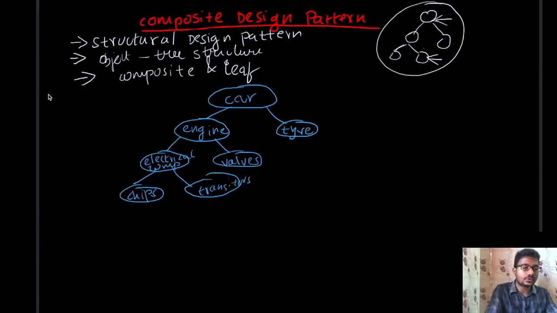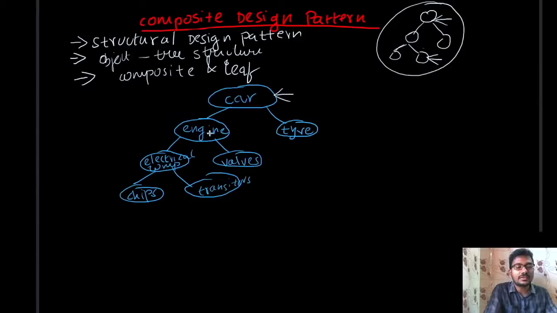Before going to that, first we'll try to classify the composite and leaf objects in this complex object. A composite object would be car, engine, electrical components. The reason is that a composite object is an object which has some child objects.